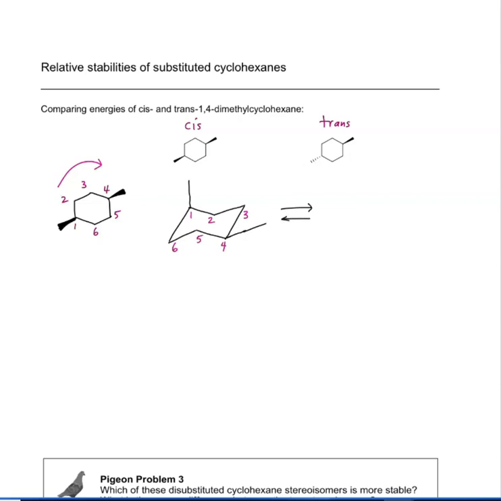Okay, now let's draw the other chair. And now remember, it's going to matter where carbon 1 is. The methyl group on carbon 1 started in the first chair axial up, meaning that it has to be equatorial and up in the new chair. Again, there are going to be 3 possibilities for that. You could make carbon 1 any of those 3, but let's just make it this middle one here.